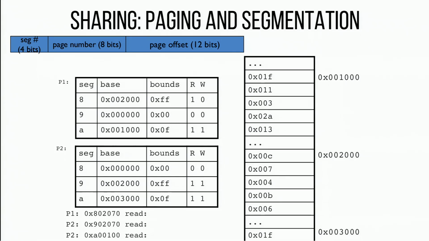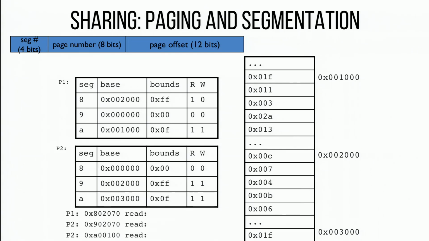So why was I showing this particular example? The point here is you're going to see this is how you could set up a shared memory segment between two processes. Each of them will see the same physical memory, but they might have different addresses to get there. So in one process, P1, we're going to map the shared memory segment into segment 8, because I'm using the same format as always.